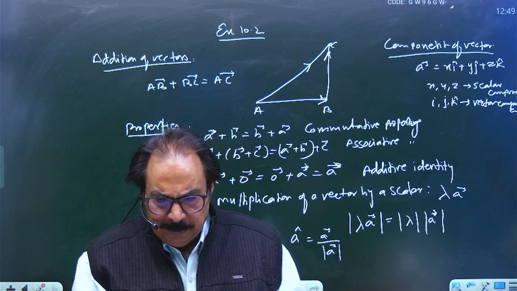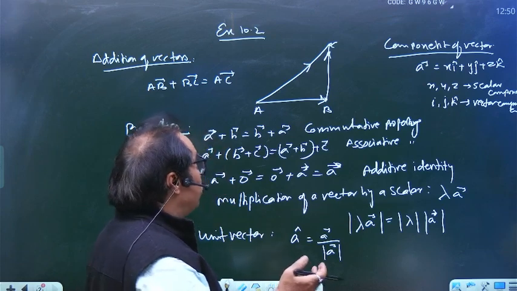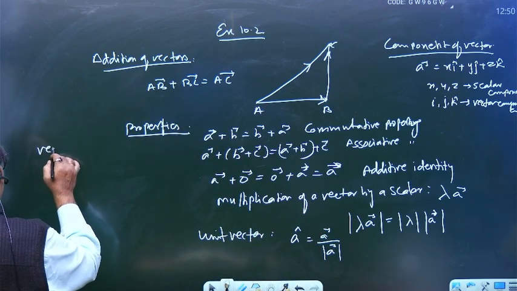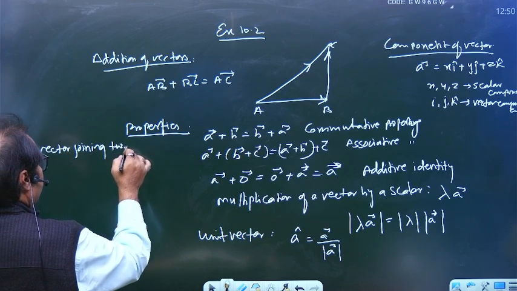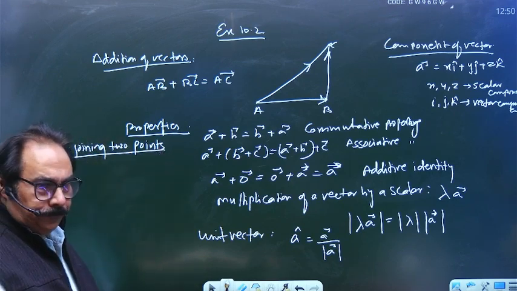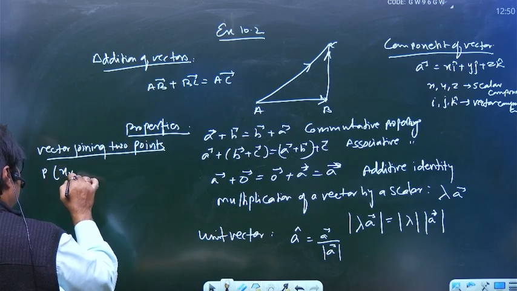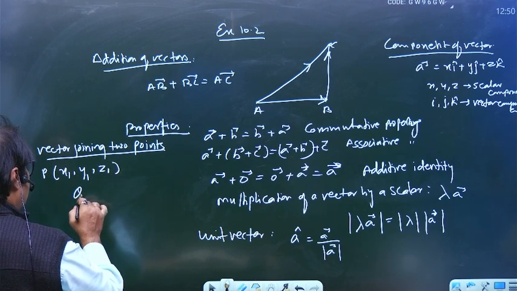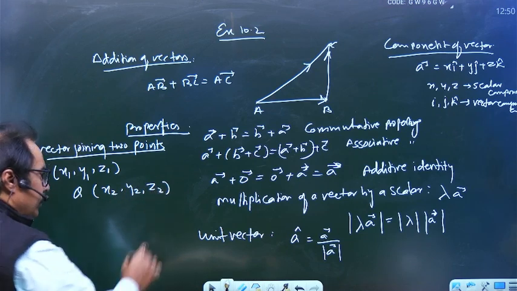But before going to the exercise, next is the vector joining two points. If two points are given, how will we find the vector? Let P be a point with coordinates x1, y1 and z1, and Q another point with coordinates x2, y2 and z2.